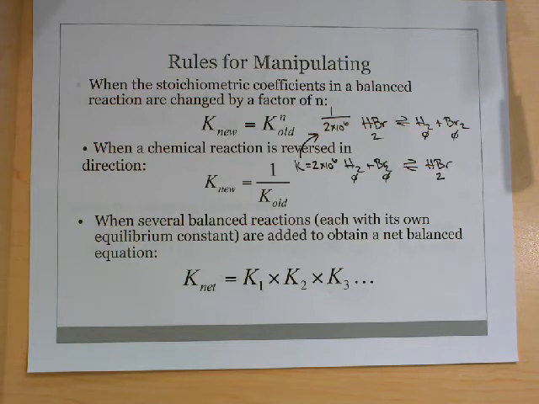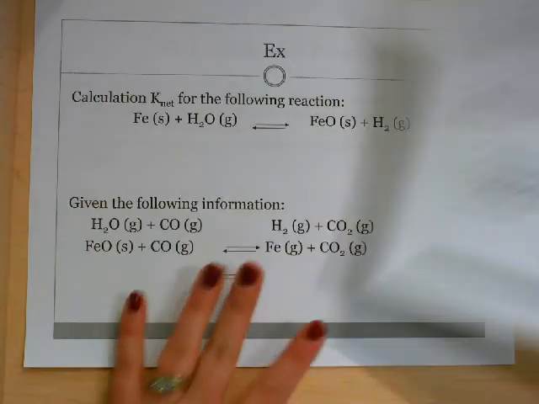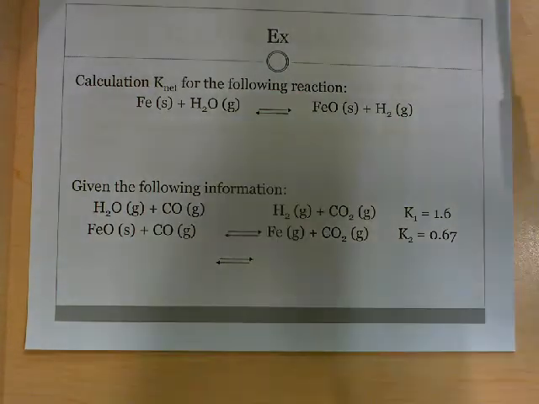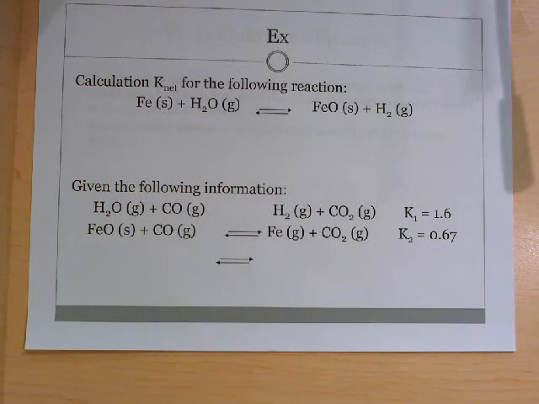Why don't we look at a few examples where we put these brand new laws into action. So, maybe you remember, whenever you did delta H's, there were similar rules about delta H's.